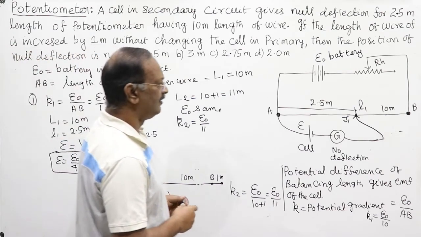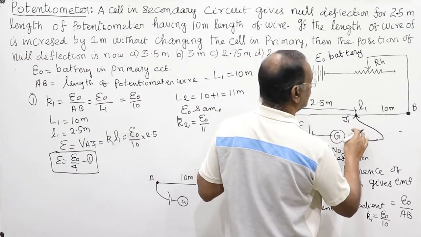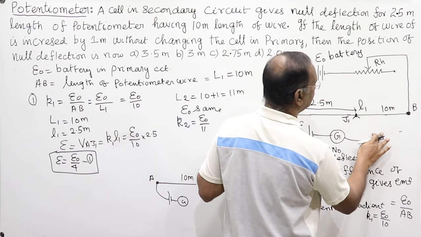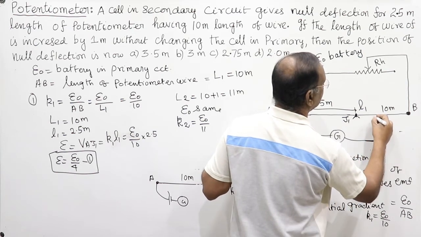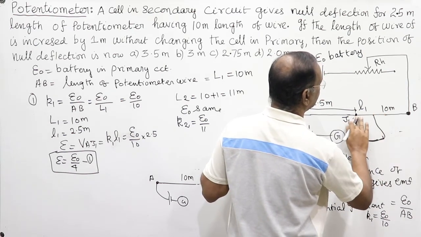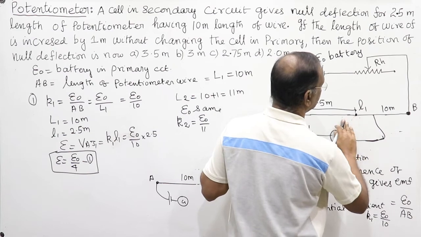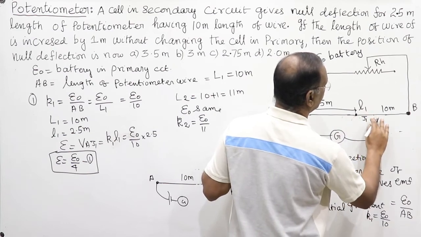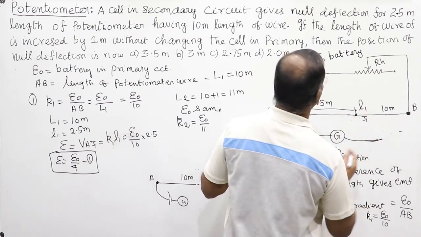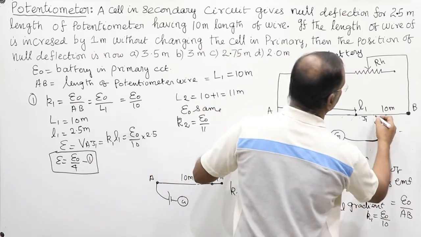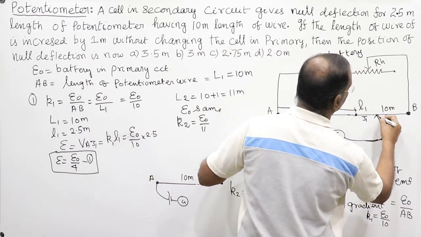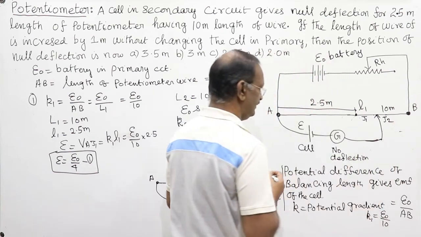After increasing, now we move this to some balancing point. Initially it was here, J1 was here. Now we move this somewhere here, that we call J2.